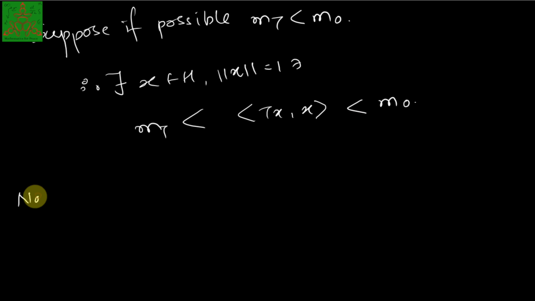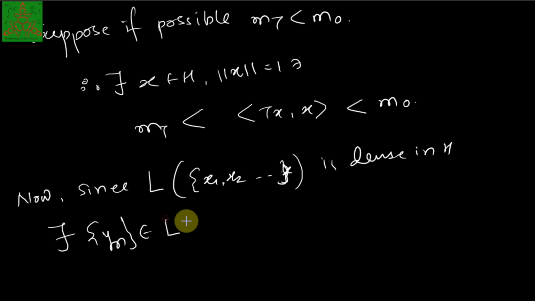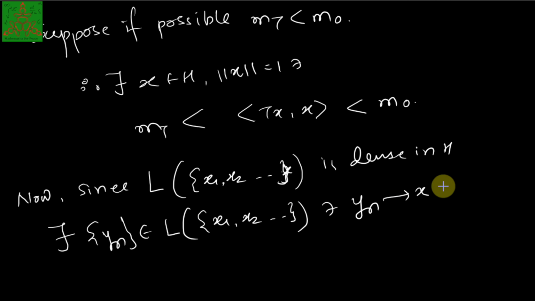Now the linear span of x1, x2, and so on is dense in H. There exists some sequence, let's say yn, belonging to the linear span of x1, x2, and so on, such that yn converges to x in H.